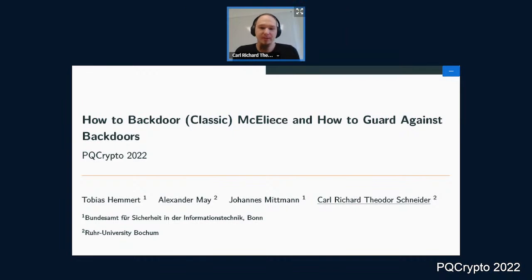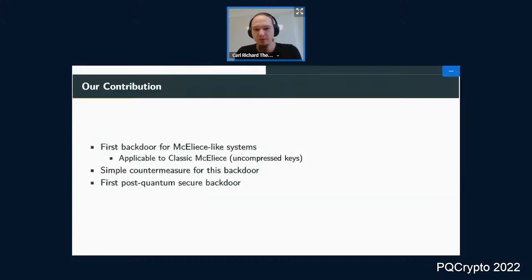This is joint work with Tobias Hemmert and Johannes Mittmann from the German Federal Office for Information Security and Alexander May and myself from the Ruhr University Bochum. And in our paper, we contribute the first, at least to our knowledge, backdoor for McEliece-like cryptosystems. And we also show that this backdoor is applicable to Classic McEliece, at least in the case of uncompressed keys.